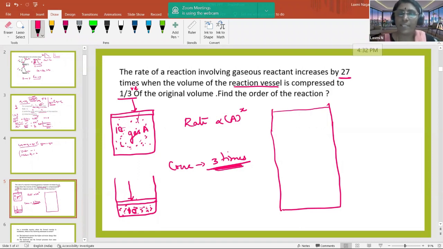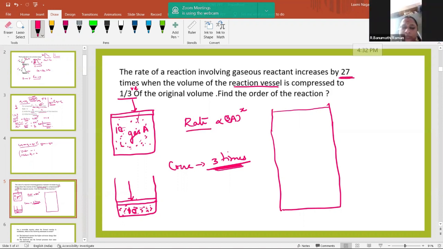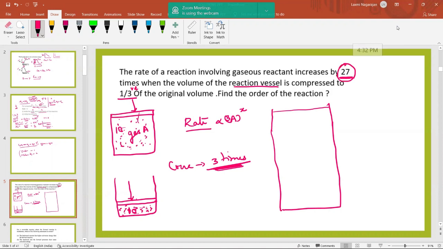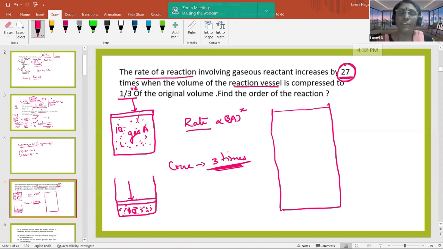So if the concentration is 3 times, the rate is becoming how many times? Originally it was A to the power x.